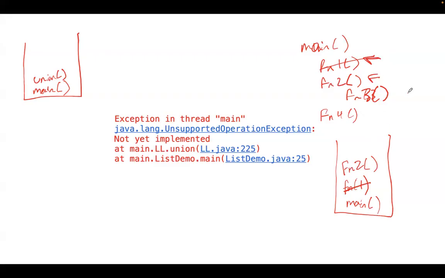In the process of function 2, we call function 3. And then when function 3 is done, we pop it from the stack. And then when function 2 is done, we pop that from the stack. And then we call function 4. When function 4 is done, we pop it from the stack. And then main is done. We've done all the things that main needed to do. So we pop that from the stack.